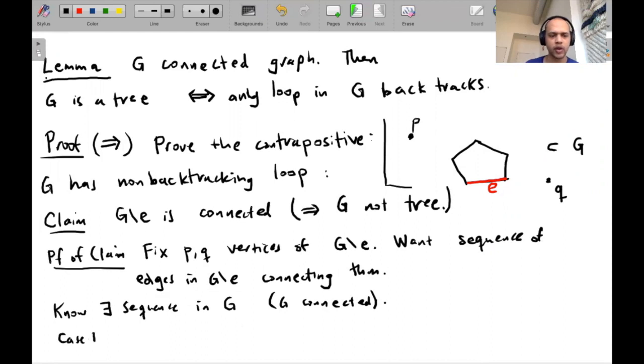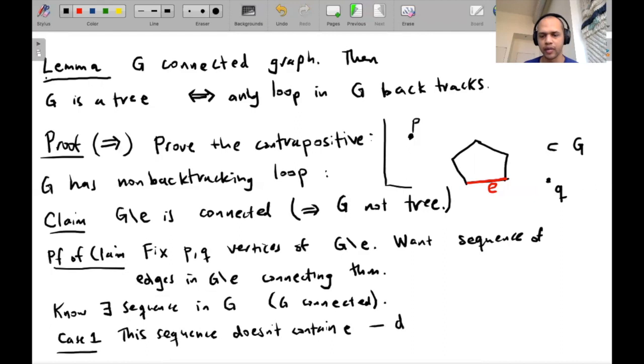Case one is this sequence of edges contains E, or it doesn't contain E. Let's say case one is it doesn't contain E. Then we're done, because then the sequence of edges is in G minus E.